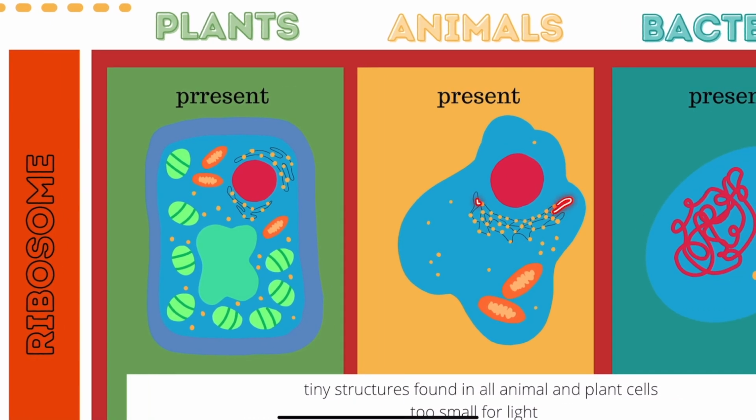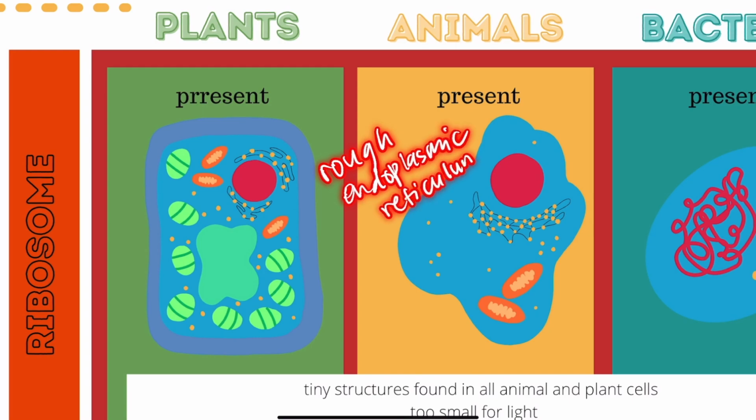this black line in here, that actually forms a network of channels, and these are known as endoplasmic reticulum. If it has these ribosomes attached to it, it will be known as rough endoplasmic reticulum, or for short, they call it RER.